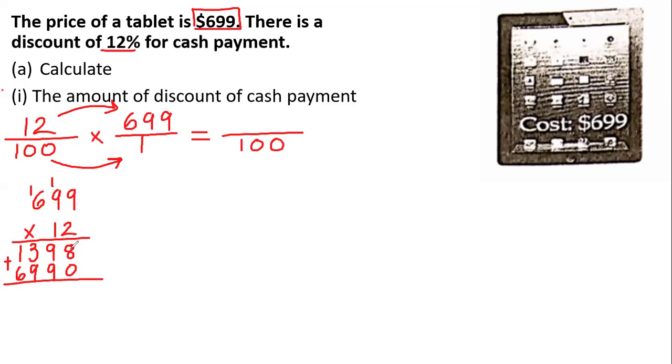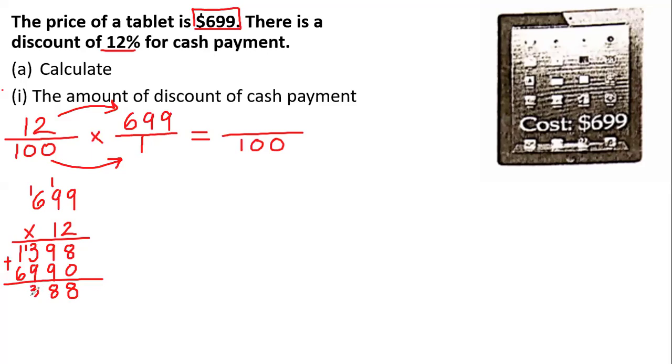I want periwinkle. So 8 plus 0 is gonna be what? 8. 9 plus 9 is gonna be 18. Put the 8 down, carry the 1. 9 plus 3 is 12, plus 1 is 13.